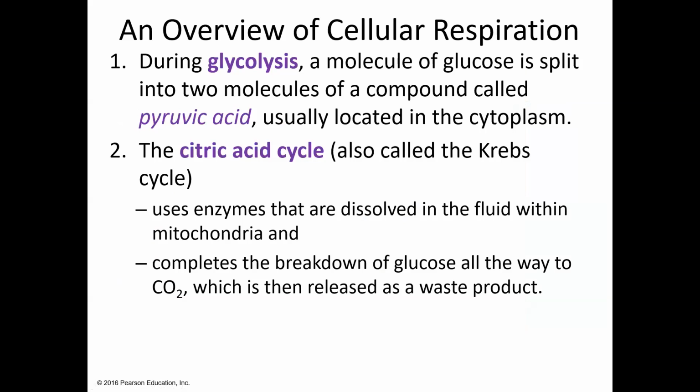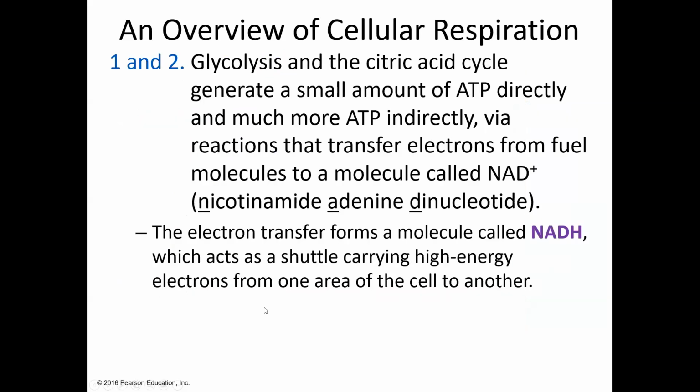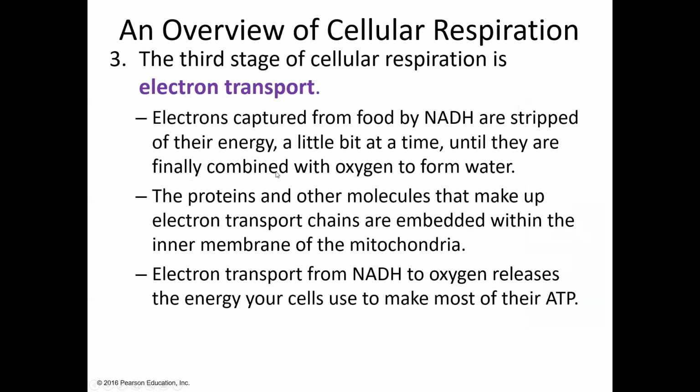The citric acid cycle, also called the Krebs, uses enzymes that make CO2, and they also get ready for the final stage, which would be the electron transport chain, which is this stage right here.